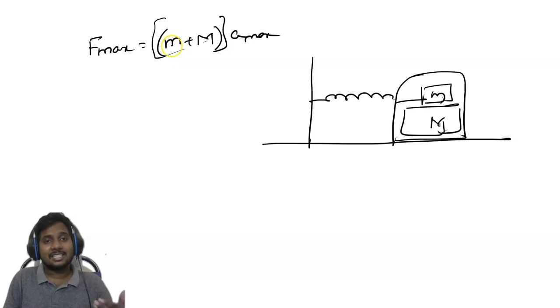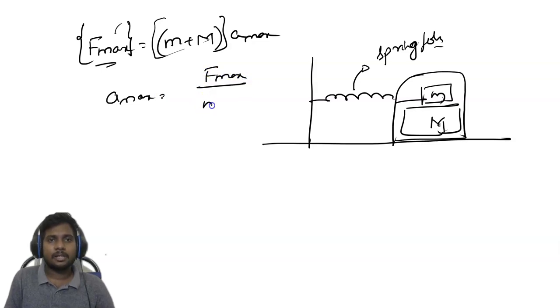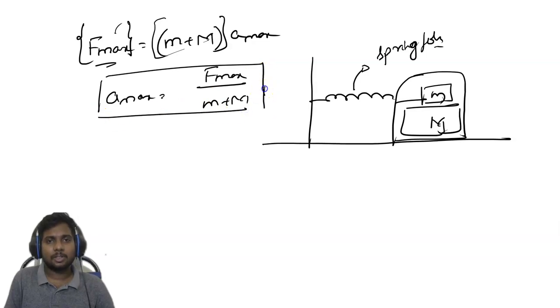So m plus M into maximum acceleration is equal to the net external force, that is the maximum possible force, which is provided here by the spring force. Then the maximum possible acceleration is the maximum possible force divided by m plus M. I got the maximum acceleration possible.